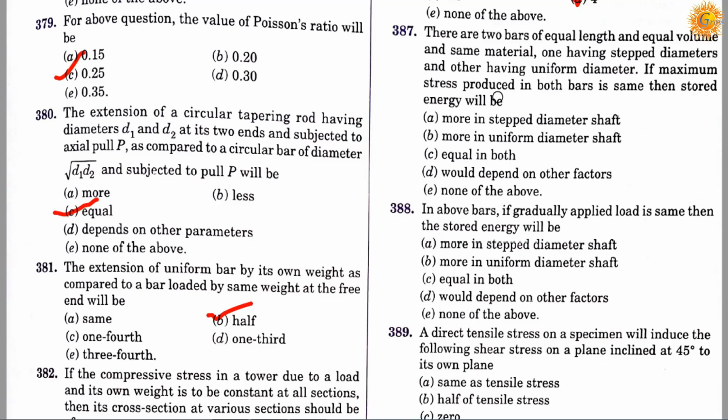If maximum stress produced in both bars is the same, then stored energy will be option A more in a stepped diameter shaft, option B more in a uniform diameter shaft, and option C equal in both. Option D would depend on other factors, and option E none of the above. Correct answer is B, it will be more in uniform diameter shaft.